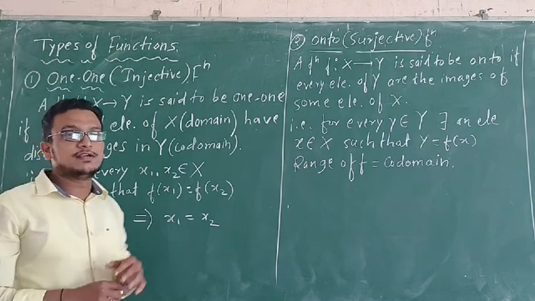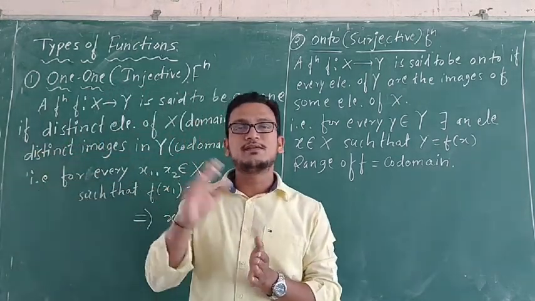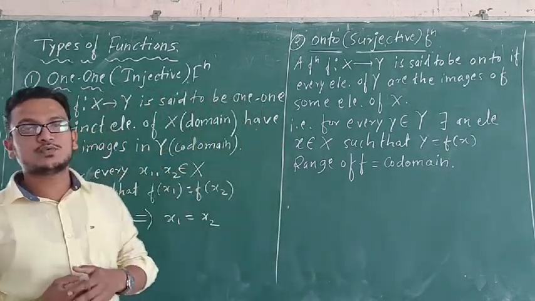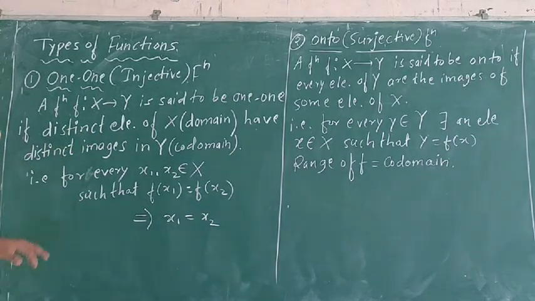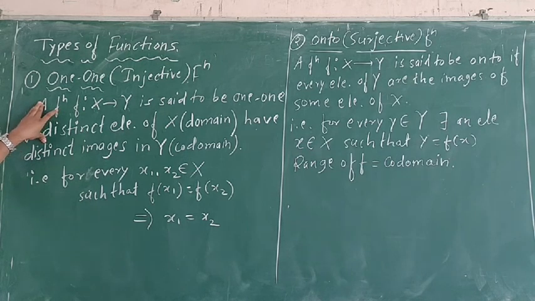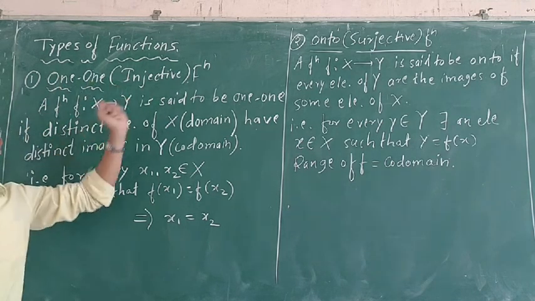Or simply we say different elements of the domain have different images in the codomain. It is called a one-one function. This definition we write in the examination, if they ask to define one-one function.